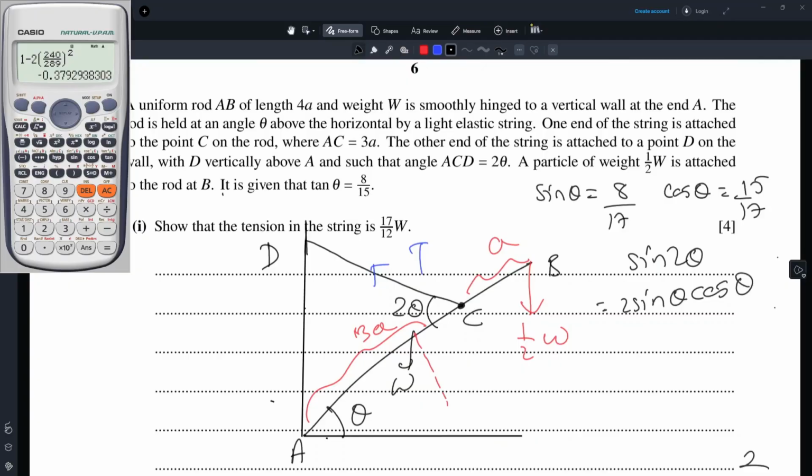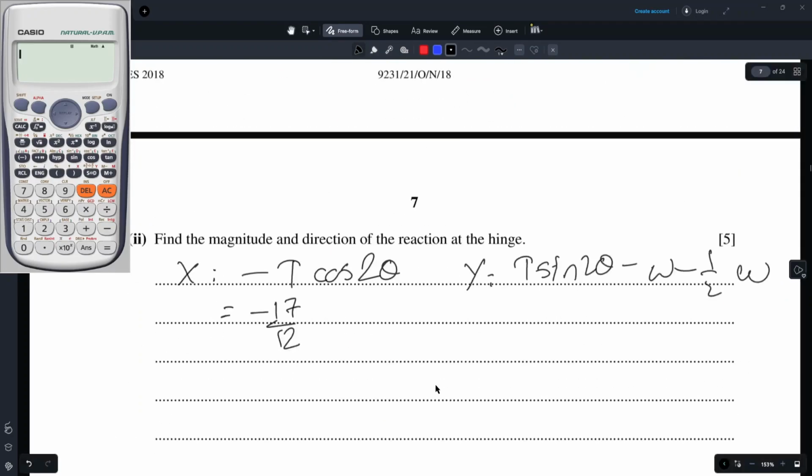Oh no, it's not cos 2 theta, it's actually just cos theta because I want it in the horizontal direction. So it means that I want it in this direction like this, which happens to be just T cos theta. So what I have here is T cos theta.